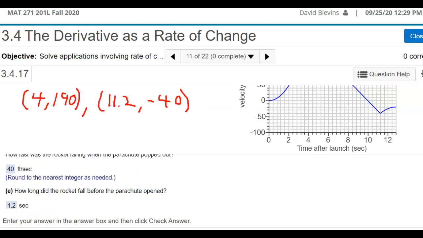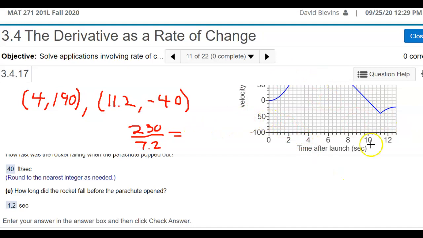So these are our 2 points, and we're just being asked to find what's the slope between these 2 points. So if you just subtract your change in y's, 190 minus negative 40 is 190 plus 40. That's 230 is my change in y's. All right, and then my change in x is the 11.2 minus the 4, which is 7.2, and then if I divide 230 divided by 7.2 is 31.94.